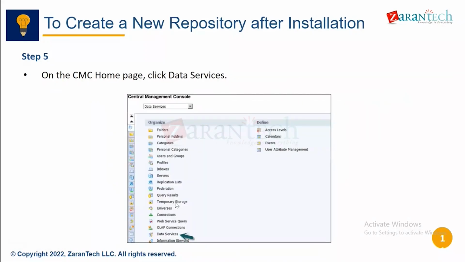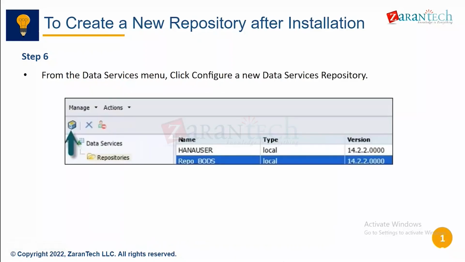Okay. Like this, it will come. From there, we should choose only data services. In that data services panel, if you click there, you will get all the repositories associated with your data services. Okay. And I see there is a central repository also available in our designer.